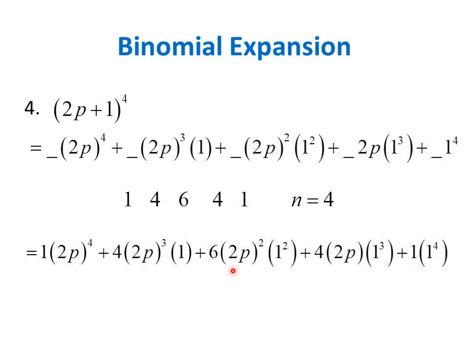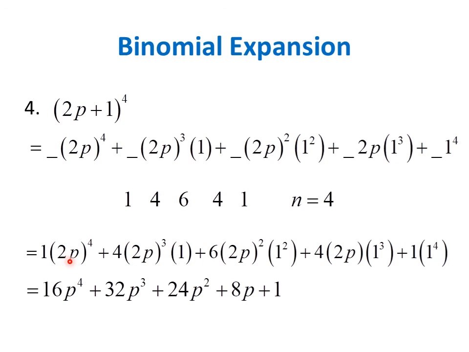Now, obviously, we have to simplify the terms further. To do that, we have, again, quantity 2p to the 4. For that, we have to raise each factor to the exponent 4. So we have 2 to the 4: 2 times 2, 4, times 2, 8, times 2, 16, times 1, that is 16.